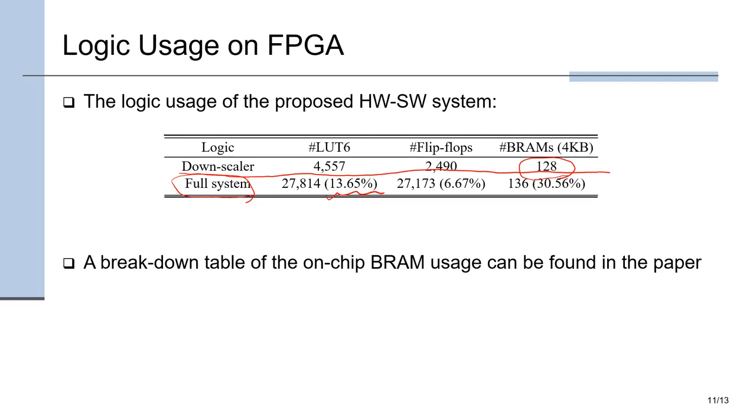Actually, the memory controller is a standard IP provided by Xilinx, and also part of the logic resources has been used by the MicroBlaze RISC processors, the cache system, and the AXI4 bus infrastructure logic. Okay, but overall, the proposed design can fit into a smaller size FPGA.